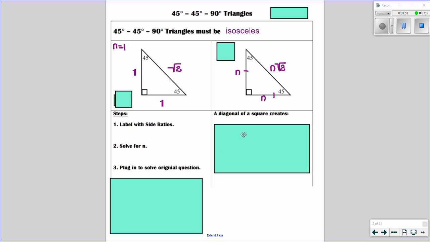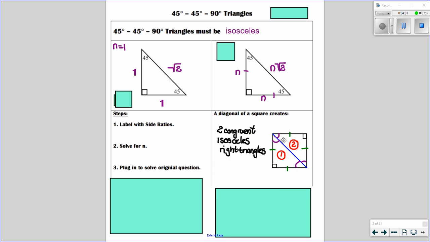When it comes to the 45-45-90, when you put two of those triangles together, they create a square. The two congruent isosceles right triangles, when the hypotenuse cuts through as a diagonal, create two congruent isosceles right triangles, as you can see, 1 and 2. Notice the green parts are the congruent sides.